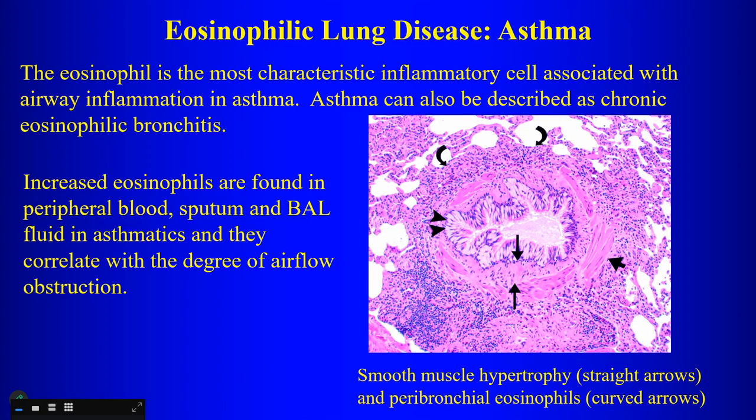So these eosinophils then will form around the airways here, and they're also found in the bronchoalveolar lavage fluid. These patients also develop smooth muscle hypertrophy, which are the straight arrows here, which causes the constriction of the airways, and then the peribronchial eosinophils, which are the curved arrows here.